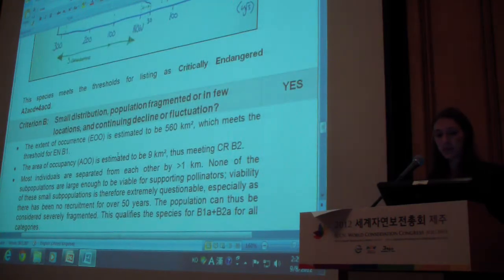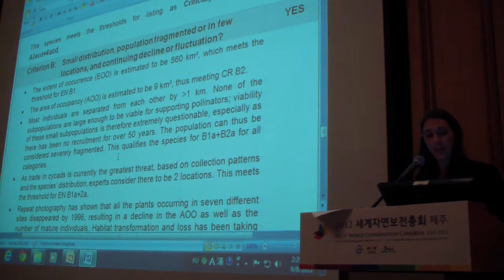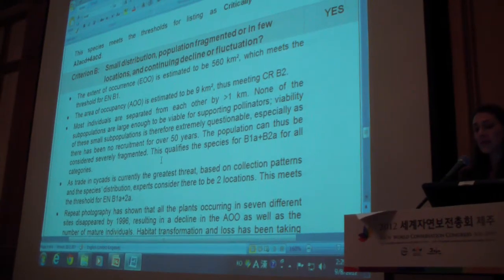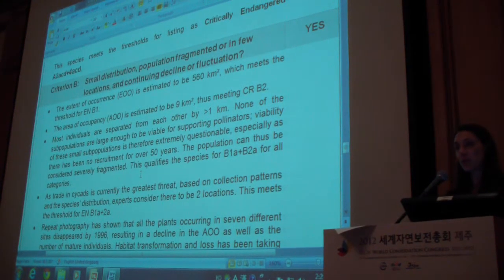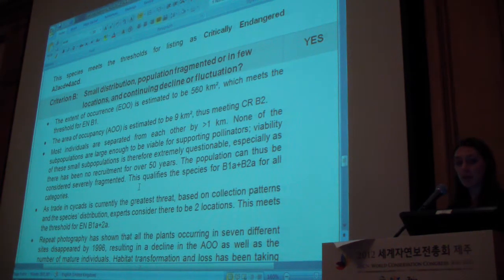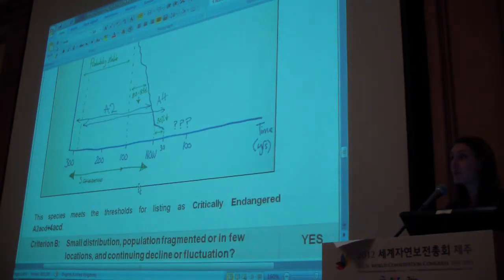So let's just go through this quickly. The extent of occurrence is 560 kilometers squared, so that meets the threshold for endangered. The area of occupancy was 9 kilometers squared, and that meets critically endangered. Did you list it under the number of locations or because it was severely fragmented? Severely fragmented. Okay, exactly.